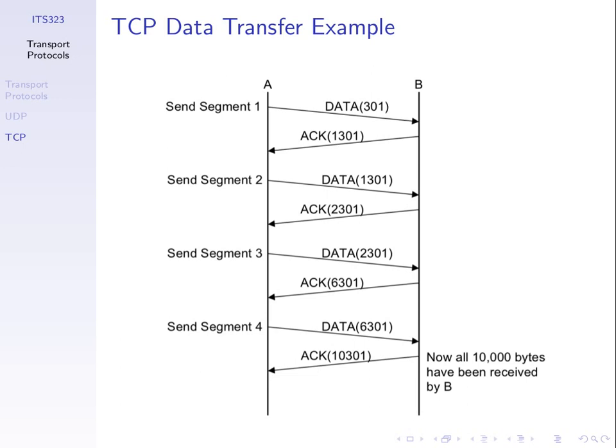B receives that data, and in this simple example, B sends back an acknowledgement saying, thank you, I've received the data. Again, it's a TCP segment, but the ACK flag is set, and so I call it an ACK. The way that the ACK is used is that the acknowledgement number indicates the next sequence number expected.